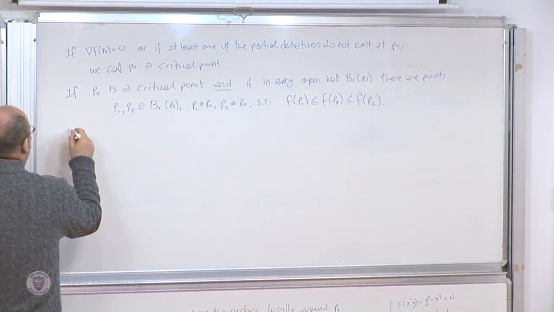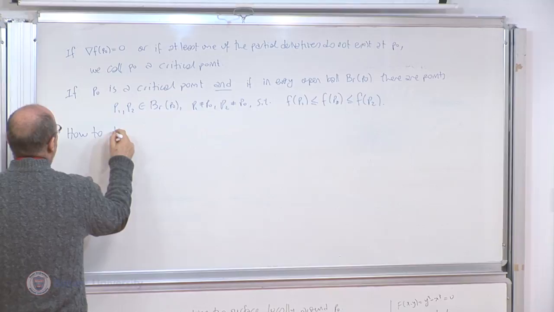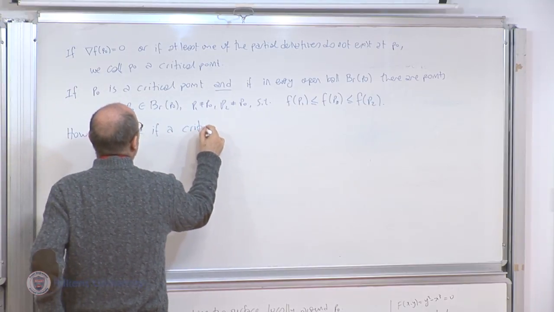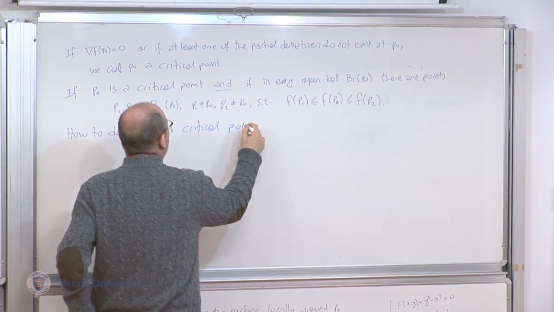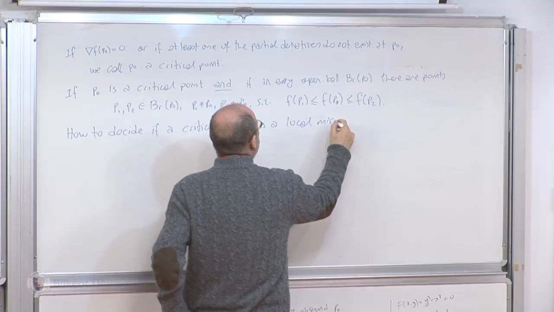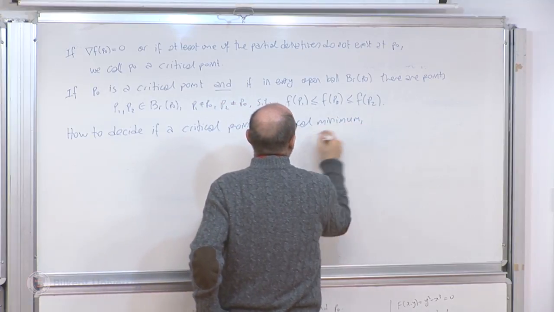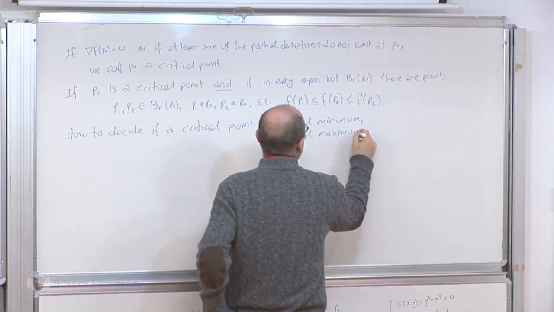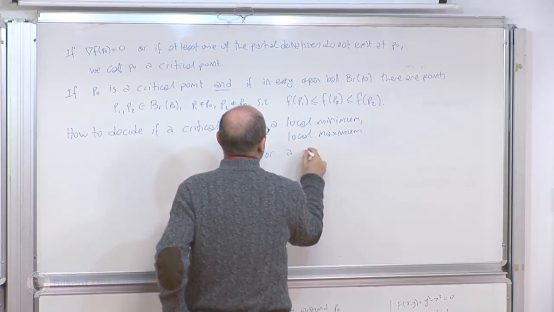So how to decide if a critical point is a local minimum, local maximum, or a saddle point.